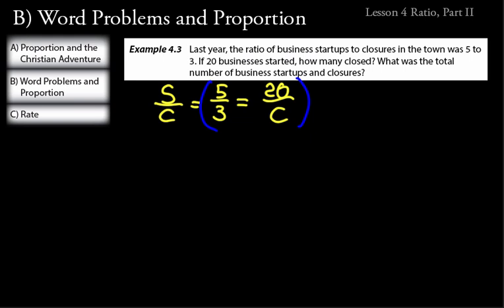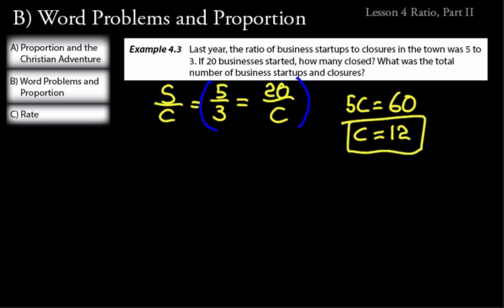So cross multiply. 5 times C is 5C, equal to 3 times 20, which is 60. Divide both sides by 5. Hopefully you know in your head 60 over 5 is 12. So closures is equal to 12. So that's one answer right there. Closures is 12. Now what was the total number of business startups and closures?